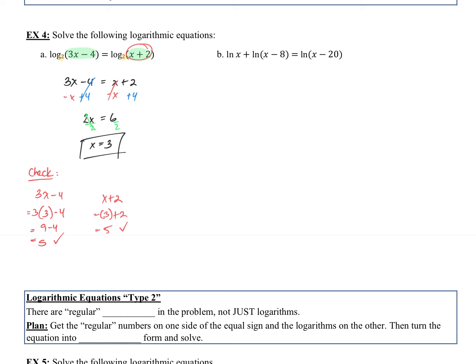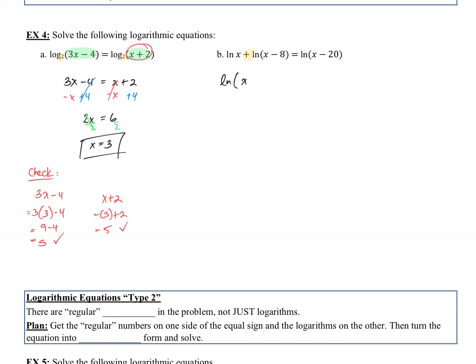Now the next problem, B. There's a slight problem. We don't have just one log equal to another log. We have two logs on one side. How do we fix that? Well, we can use the product rule. Remember, if you see an addition of logs, you can turn it into multiplication. All the bases in the problem are the same, so we're good.